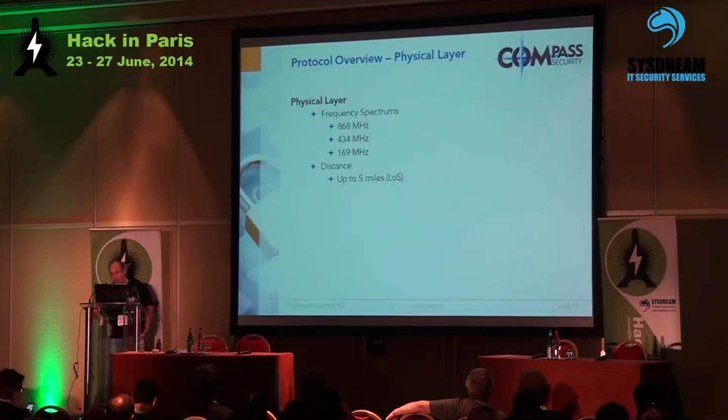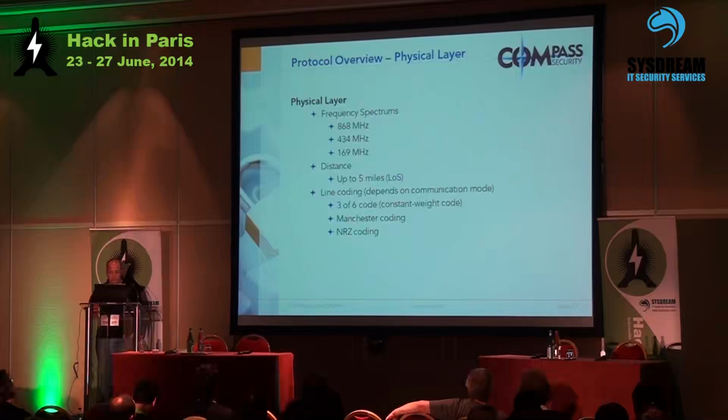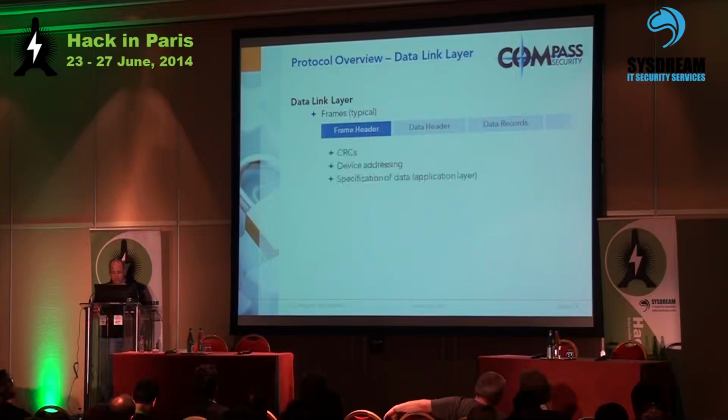There's the device addressing, so if the meter sends a packet, then it's gonna tell its own address, because the collector must somehow know which meter actually sent the information. There's also a part of the specification which is called the extended link layer, which does also employ some CRCs.